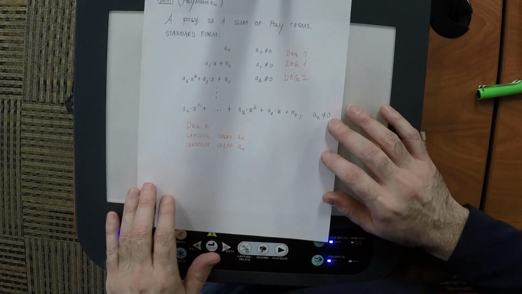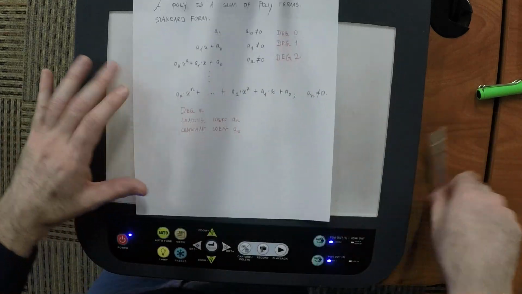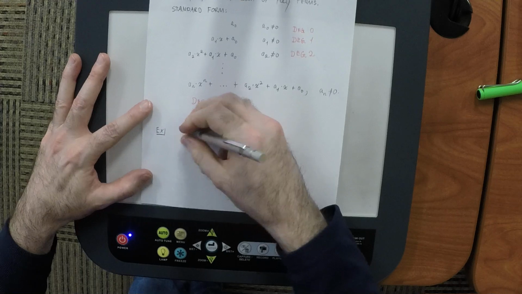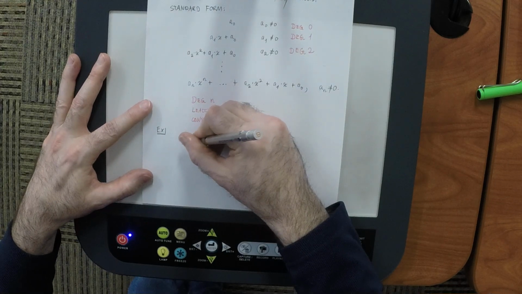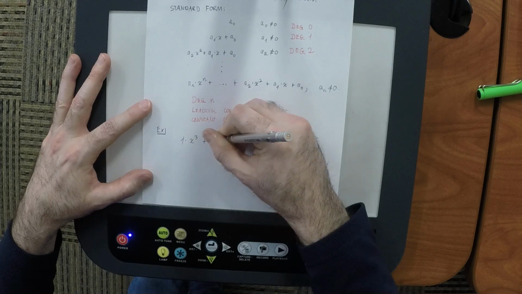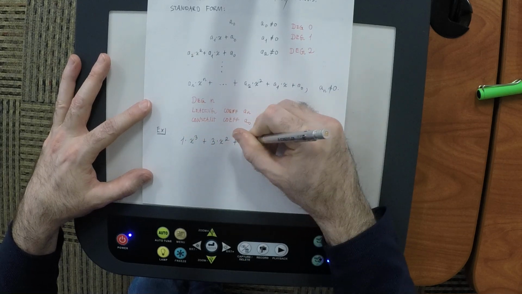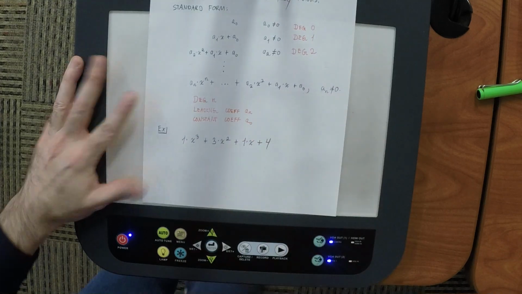So now, here's the deal about a polynomial. I could give you an example. Suppose that we have 1 x cubed plus 3x squared plus 1x plus 4.